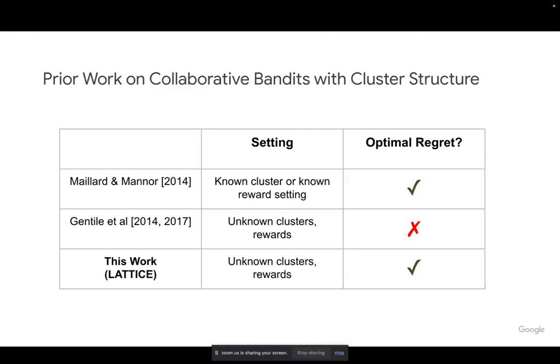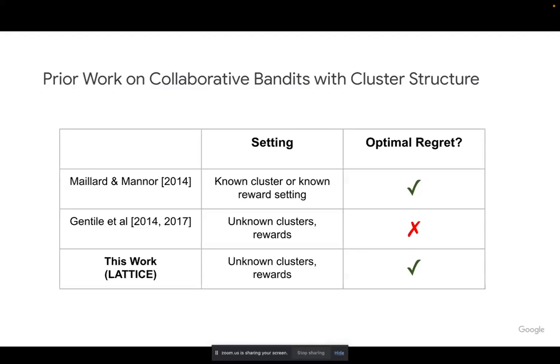They assumed that, number one, they knew the cluster memberships, which users belong to which cluster. Or alternatively, they assumed that they knew the true rewards of each cluster. If you make either of these two assumptions, then it turns out that it's quite simple to design algorithms that obtained optimal regret guarantees. Regret is a cost function, by the way, which I will define later.